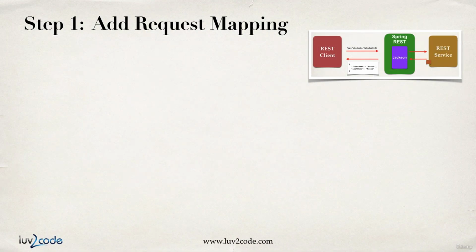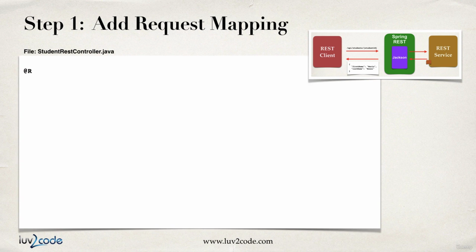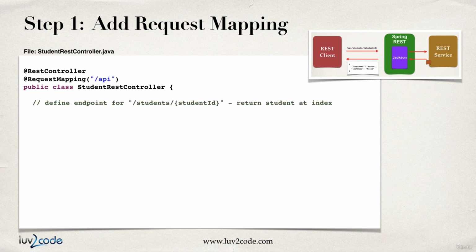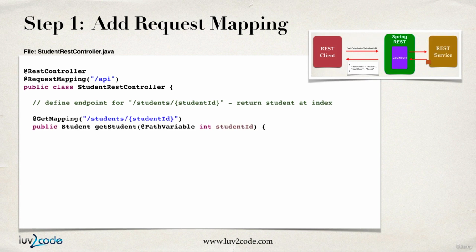Alrighty, so let's dig in and write some code here. With our student REST controller that we've already seen before, request mapping /api, StudentRestController, then our little comment here is that we're going to define an endpoint for /students/{studentId} in curly braces, and we'll return the student at the given index. So I'll set up this request mapping here for a GetMapping /students/{studentId} in curly braces.